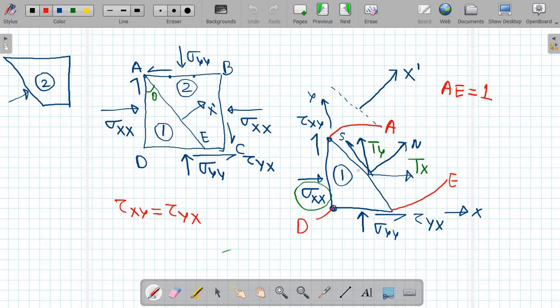Of course, we have calculated Tx and Ty, and this is theta degree. Similarly, this is also theta degree. So, Ty cos theta is the component here.